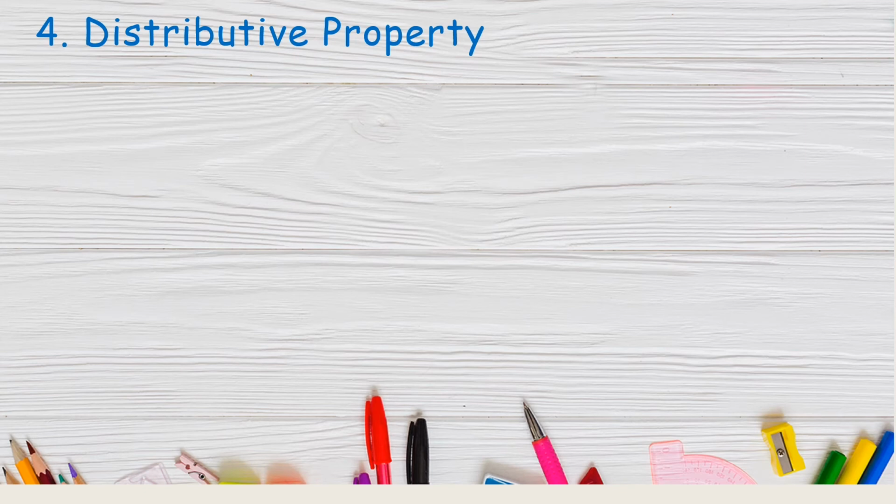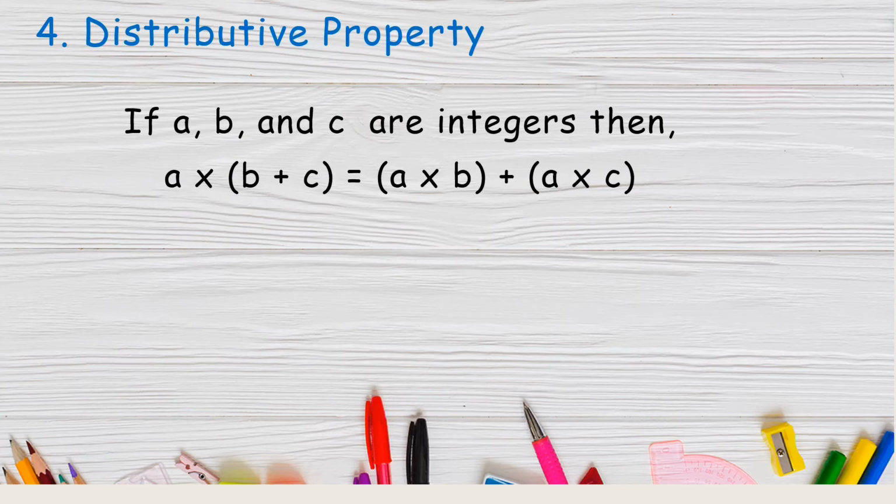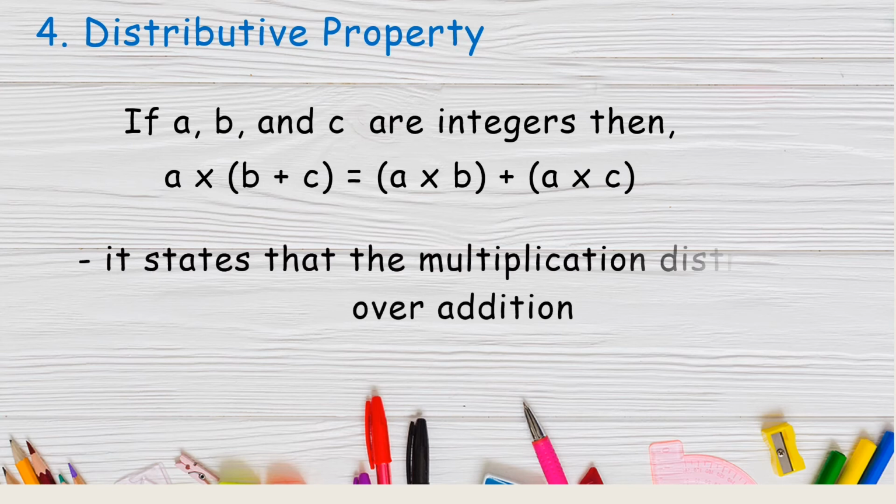Distributive property. If a, b, and c are integers, then a times quantity b plus c is equal to quantity a times b plus quantity a times c. Distributive property states that multiplication distributes over addition. Example, 2 times quantity 3 plus 4.